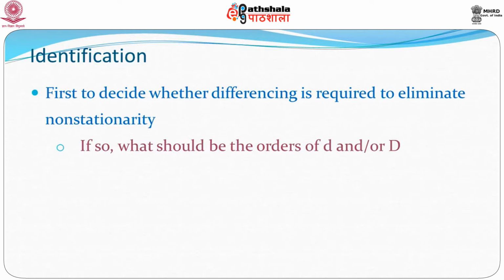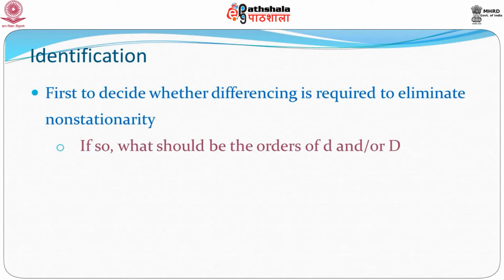So, how many differencing operations are required to remove trend? That would decide what small d is. Capital D is the differencing order for the seasonality. So, again, how many differencing operations we would require to remove seasonality, that needs to be decided on.